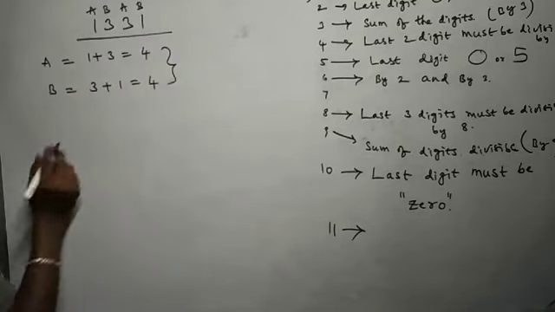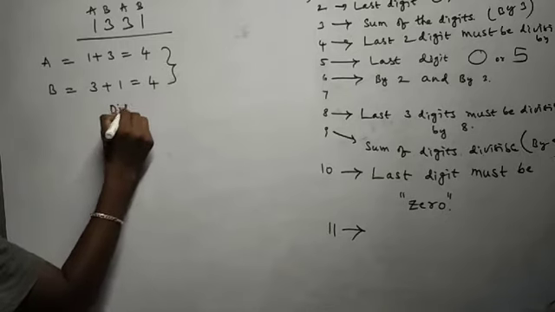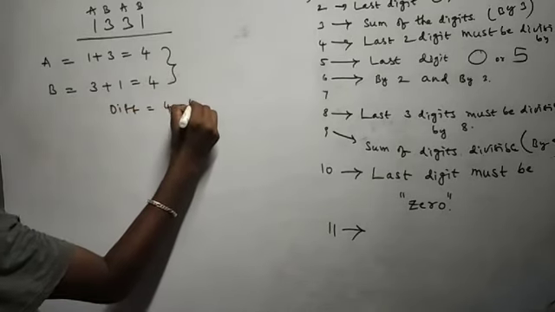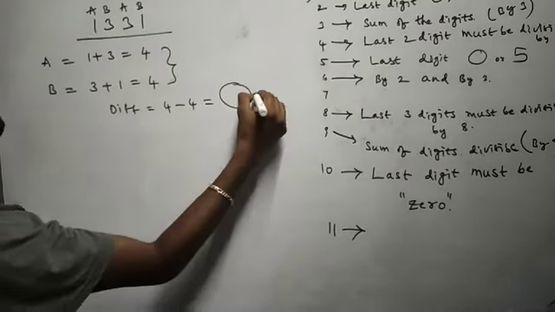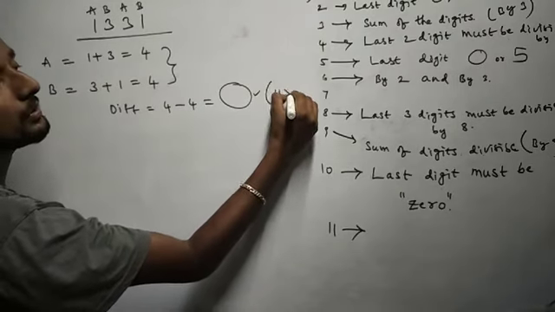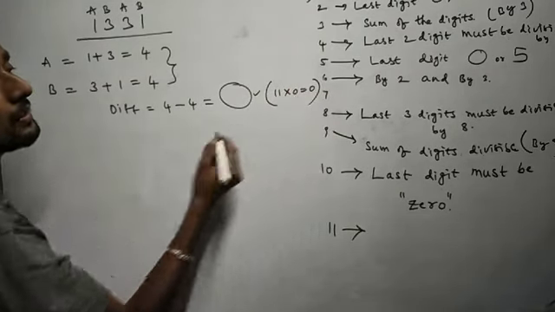Now find the difference between them. 4 minus 4, answer 0. Correct? So 0 is divisible by 11. Why? Because 11 zeros are 0.